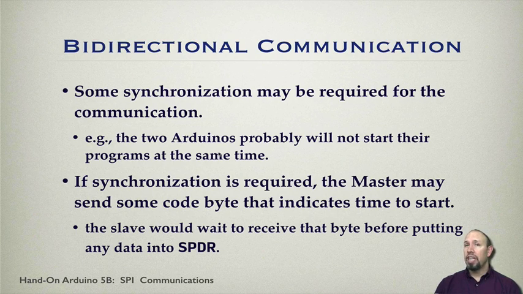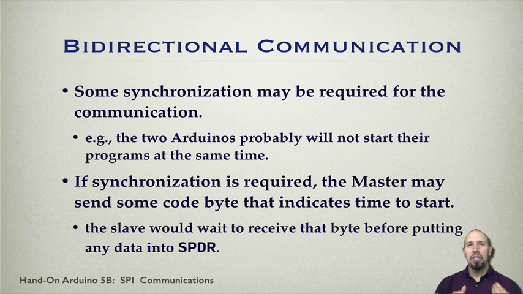If synchronization is required between the two, then the master needs to send some kind of a code byte to indicate that it's time to start. For example, the slave would not try putting any data onto its SPDR before it receives that byte. There may be a bunch of bytes that come until finally that one byte comes.